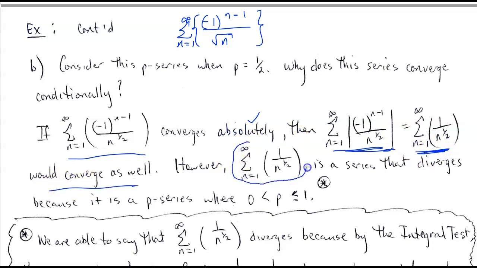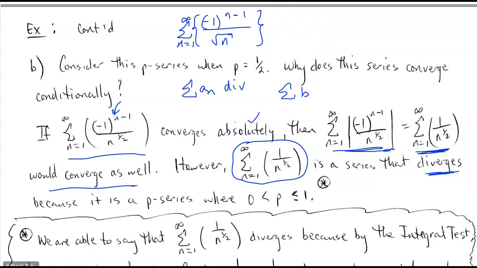However, looking at this, it is a P series where P is less than or equal to 1, and we know that that particular series diverges. Okay, so here we understand that this particular series diverges, where the a sub n is the one that looks like this.